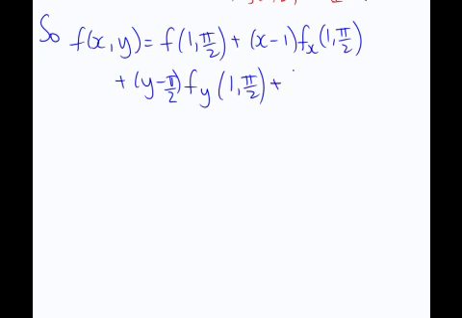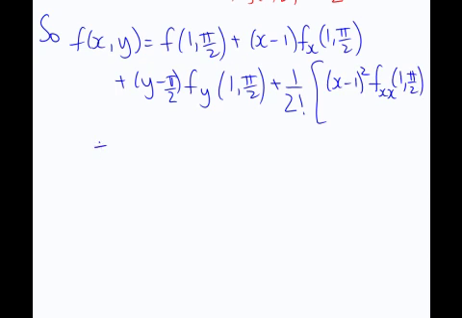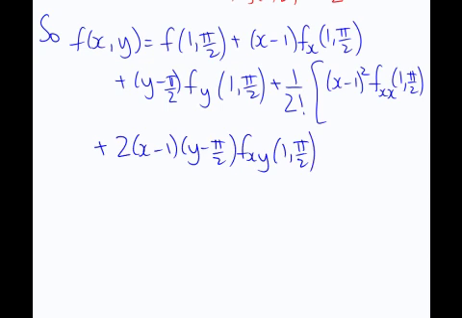And then we get the quadratic terms. So I get 1 over 2 factorial, x minus 1 squared, the second derivative with respect to x, plus twice x minus 1, y minus pi by 2, the mixed derivative, and then finally the second y derivative.